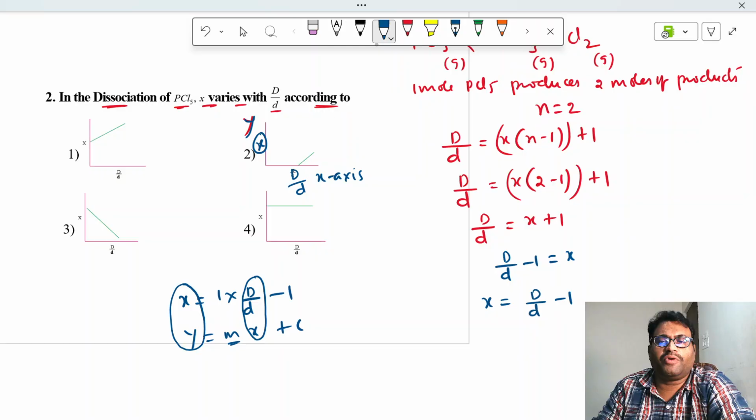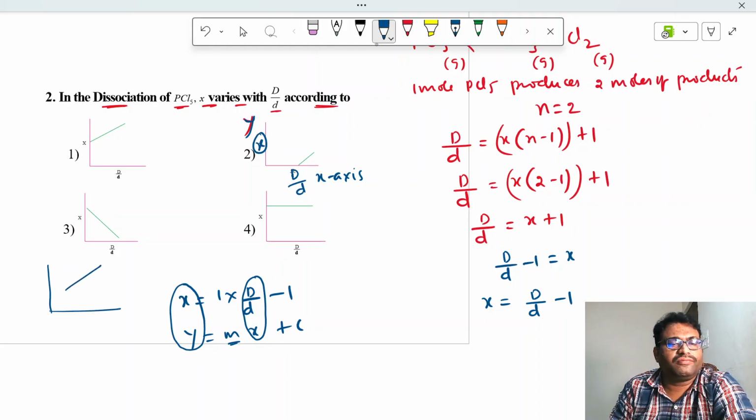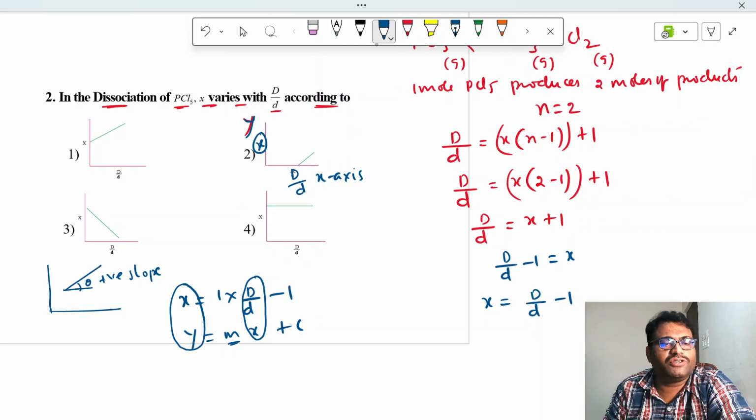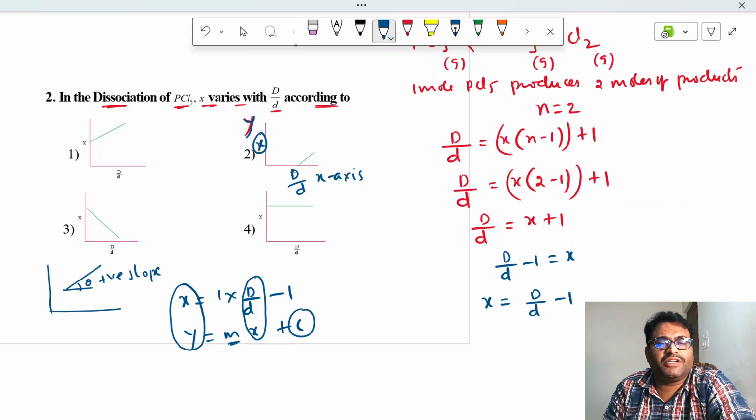Positive slope, meaning theta is less than 90. Positive slope is in the first and second quadrants. And the intercept here is negative.